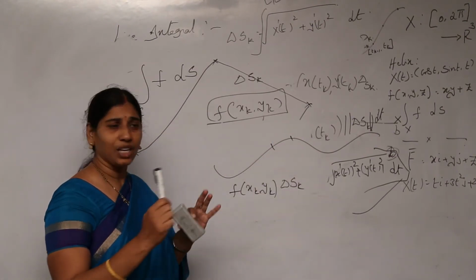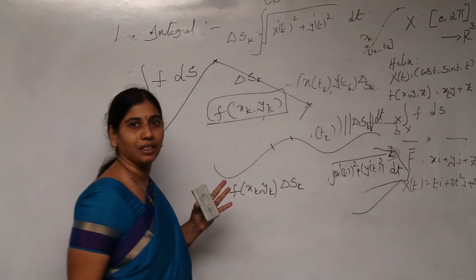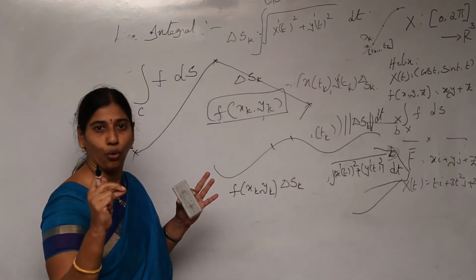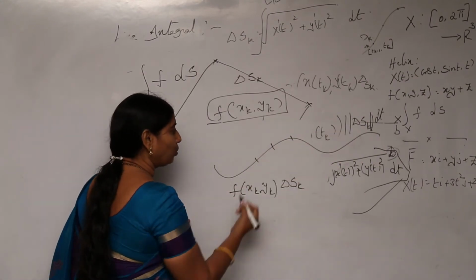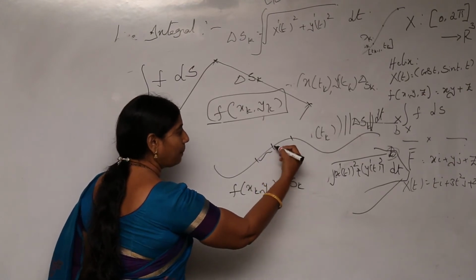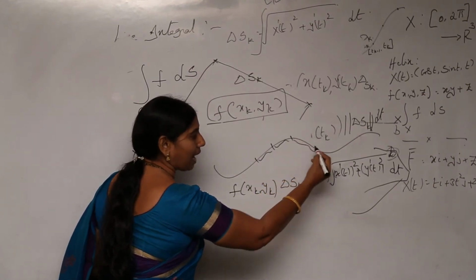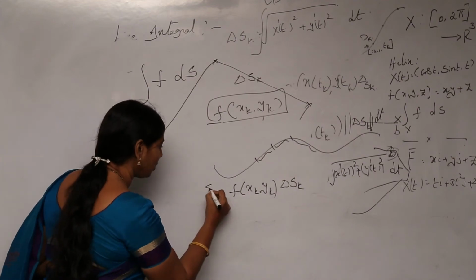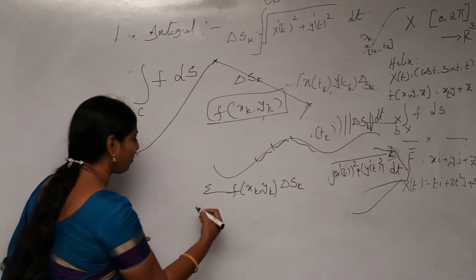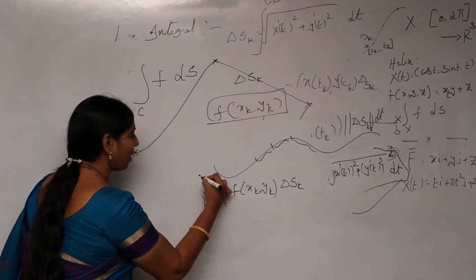If I want to calculate the electric charge flown on the entire path, what should I do? I will add up all these pieces. That addition is nothing but the summation, k is 1 to n.